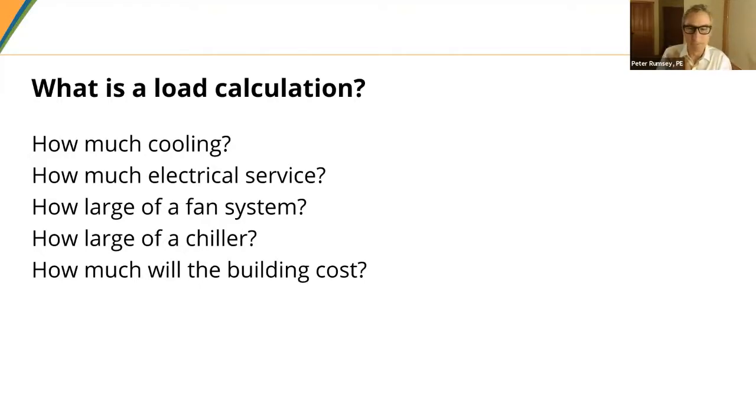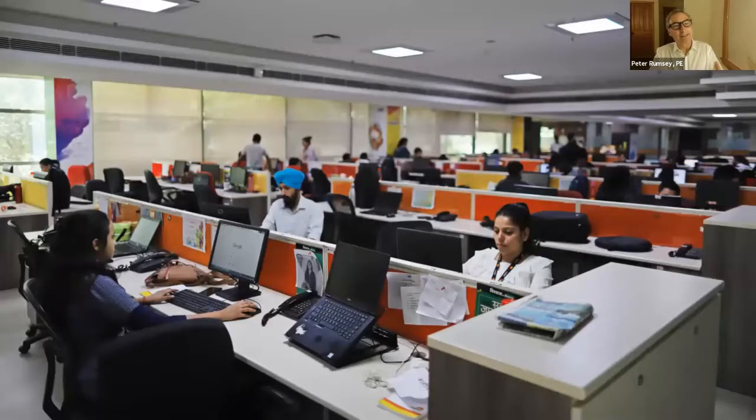Okay, so when I look at a space like this, and I talk mostly about office buildings because that's where I do most of my work, but many of these concepts are exactly the same in an apartment building and even a single family home. So anyway, when I look at a space like this, obviously I see people working, but as an engineer, I see all these different sources of heat that are coming into this space that I'm going to need to provide cooling for, right?